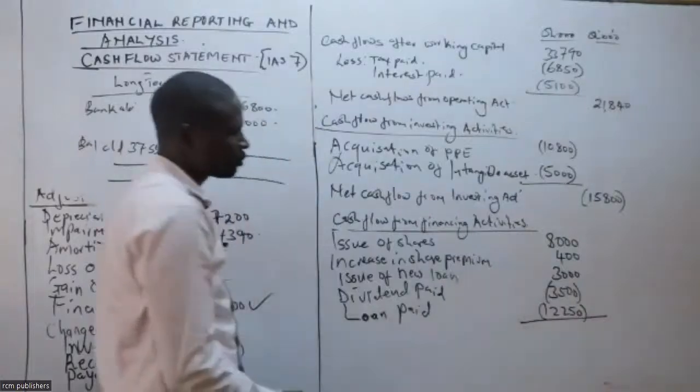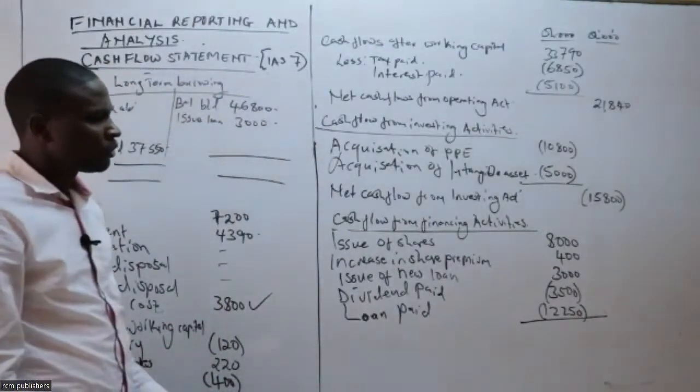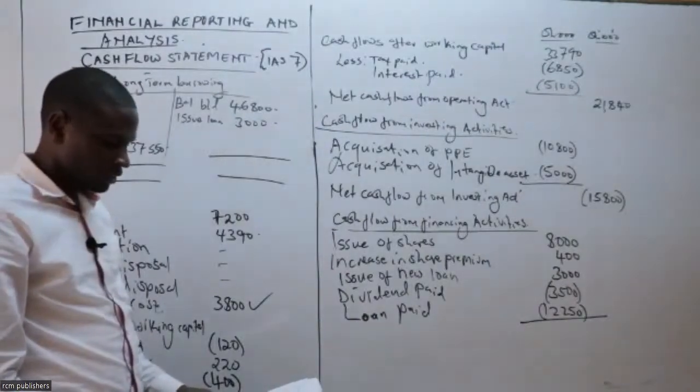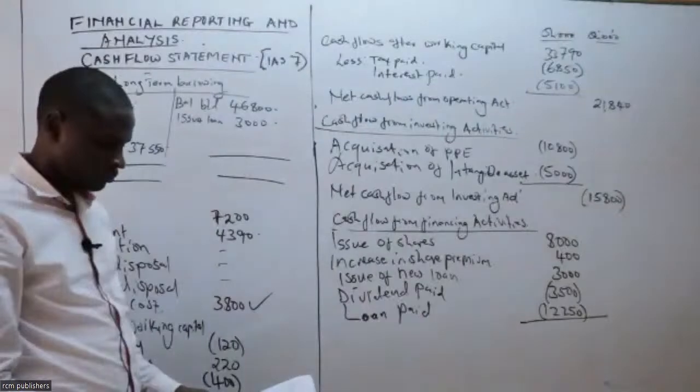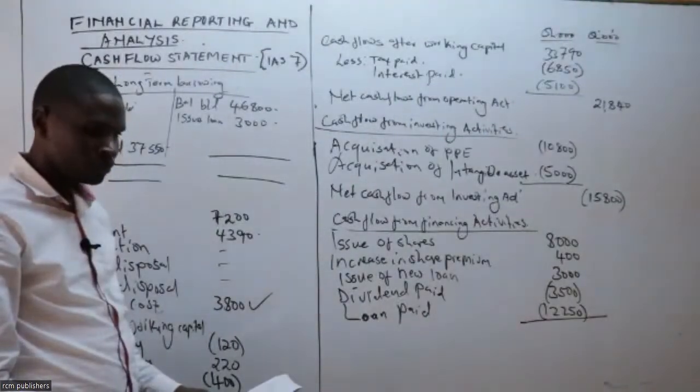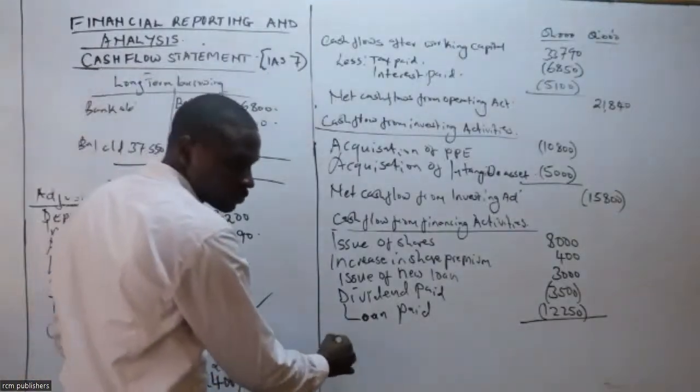So can you give me the total? How much is our total there? Net cash flow from financing activity. I think that is what we are looking at here.